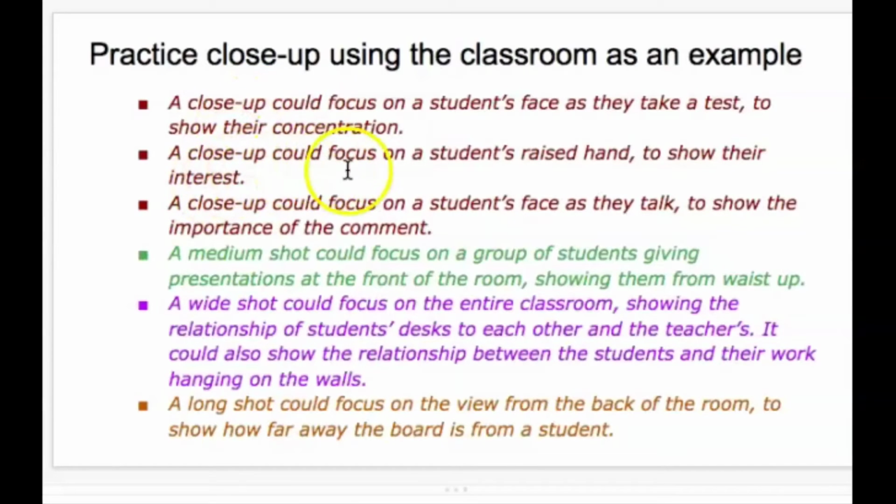Or I could focus on a student who raises their hand to show that they're interested in what we're learning. Or I could do a close-up to focus on someone's face as they talk to show that whatever they're saying is important and that I need to pay attention to that. This is a reason why sometimes close-ups are used.